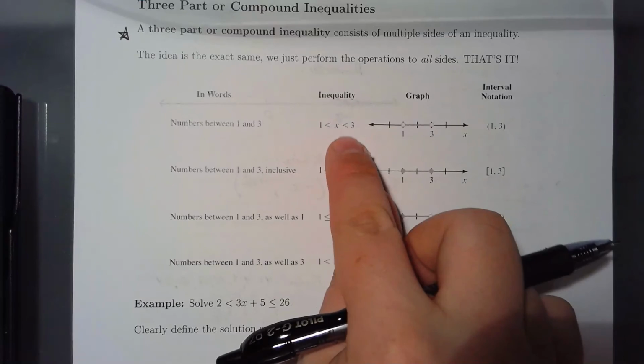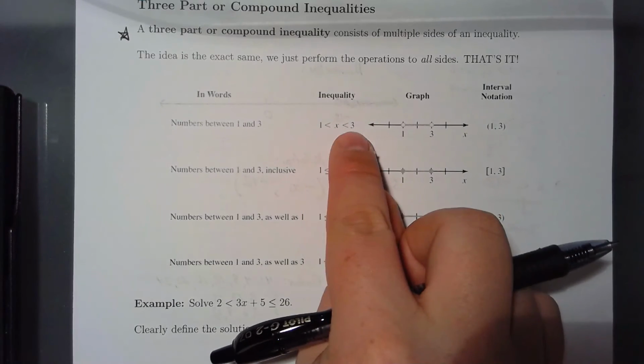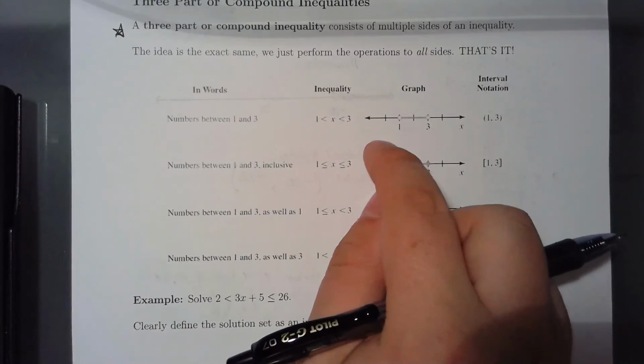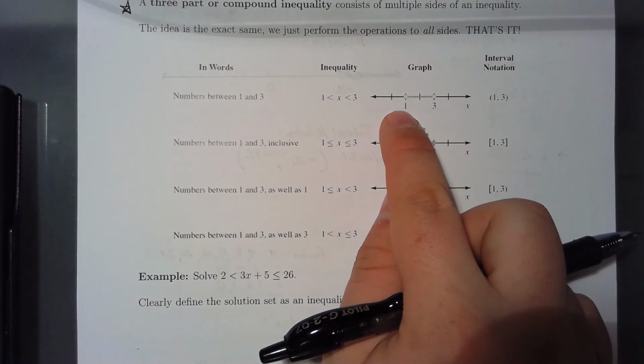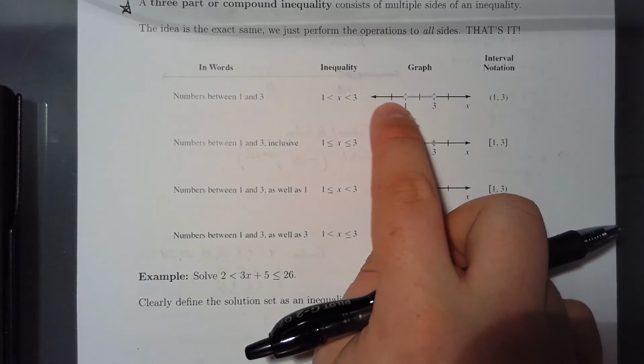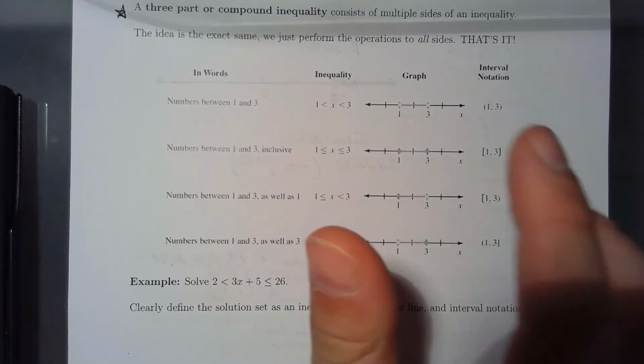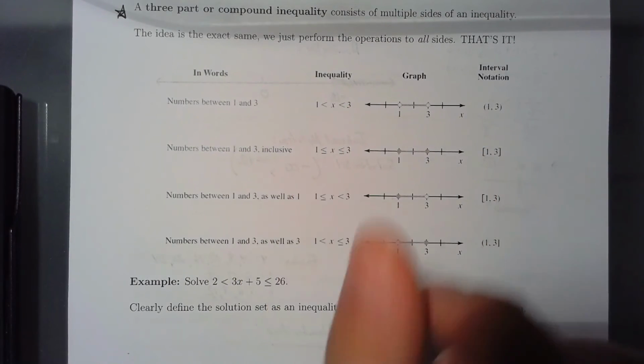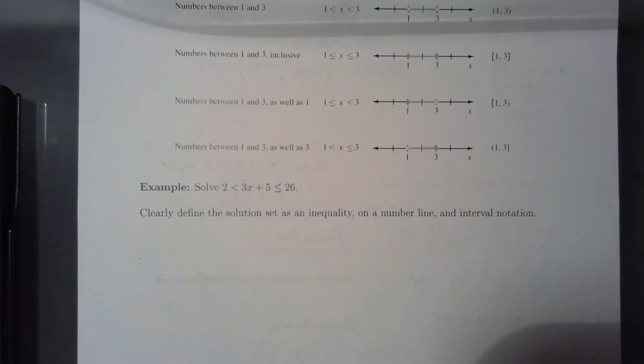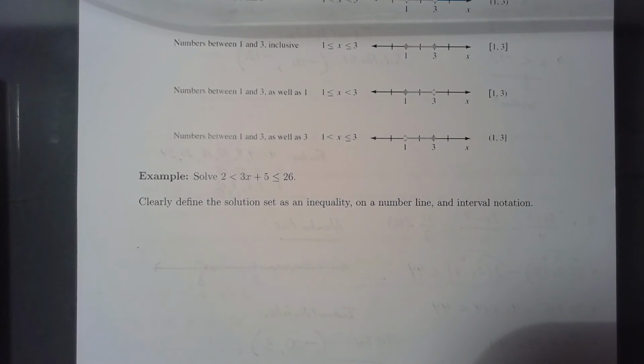This just means x is going to be caught between 2 numbers. And that's really the only difference. So instead of having infinity or negative infinity on either side, you're going to have x caught between 2 specific numbers. That's it. Other than that, it's really not much different. So let me just show you a quick example on that, and that'll be it.